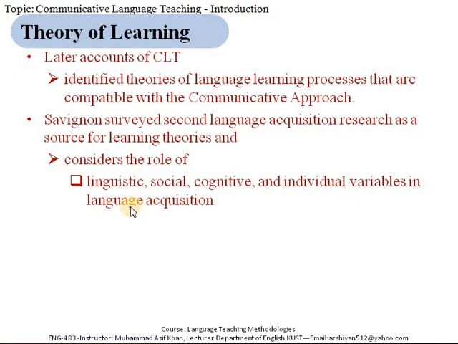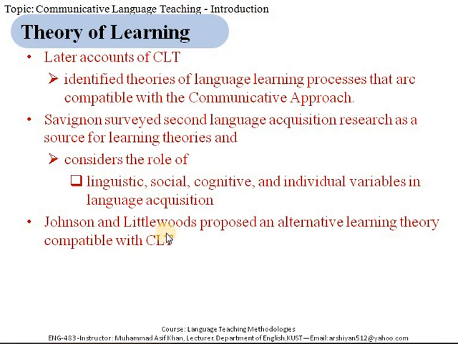In the same way, Johnson and Littlewood also suggested an alternative learning theory that they observed to be compatible with CLT, and that model was the skill learning model.